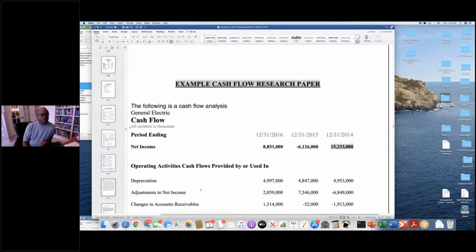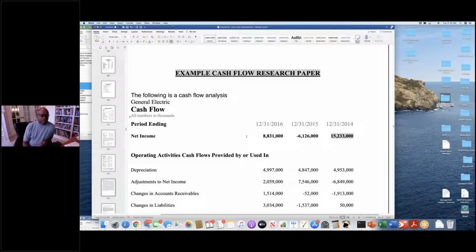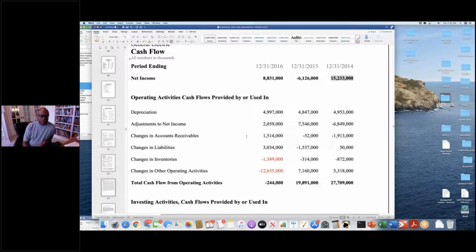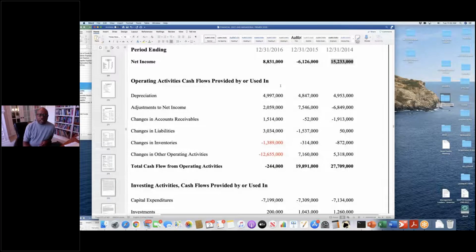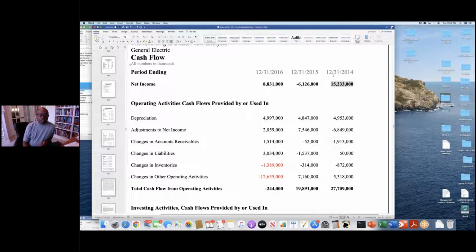Here's one by a student here. Example of a cash flow research paper. And this person was analyzing GE. So they looked at the net income for 3 years and they put the full cash flow statements in. Now this is public, so all you're doing is copying this. You aren't making any calculation. This person looked at 14, 15, and 16.